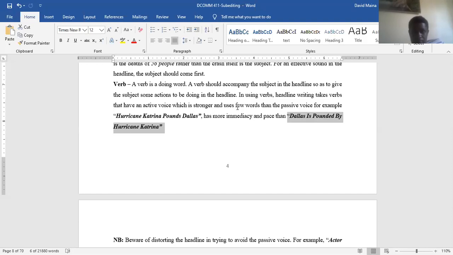You see, that one is more impactful. President Uhuru Kenyatta visits the sick at Kenyatta National Hospital, as opposed to the sick at Kenyatta National Hospital have been visited by Uhuru Kenyatta. You see, when you start with the president, when you start with the floods, that one is more impactful than when you start it the other way around.